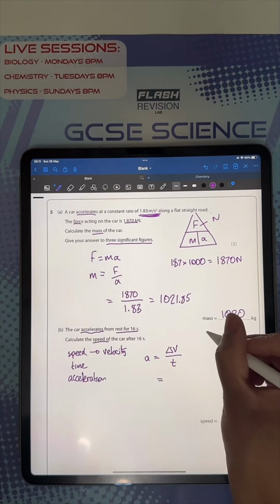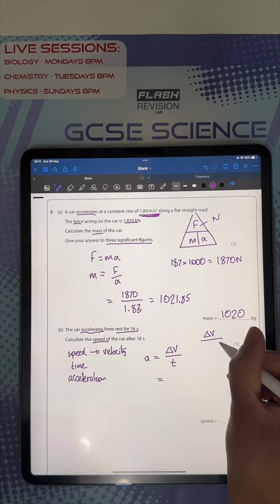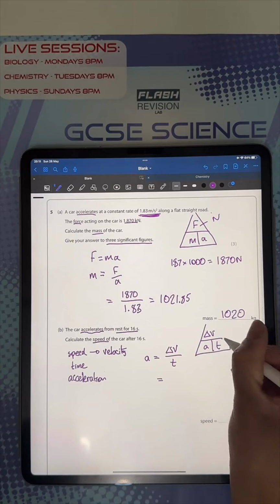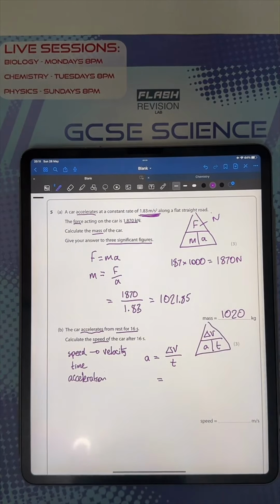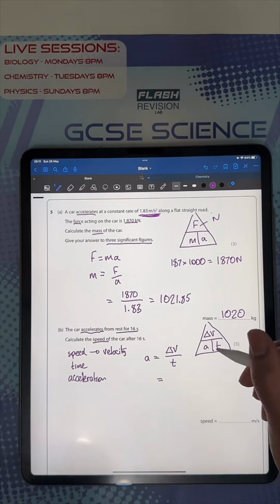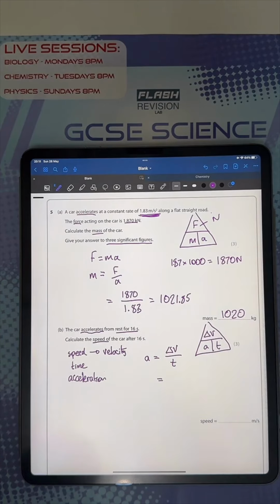So let me do a triangle for this as well. There it is. Sorry, initial velocity is different to change in velocity. Yeah, change in velocity is final velocity minus initial velocity. So final is the velocity at the end, initial velocity is at the start.